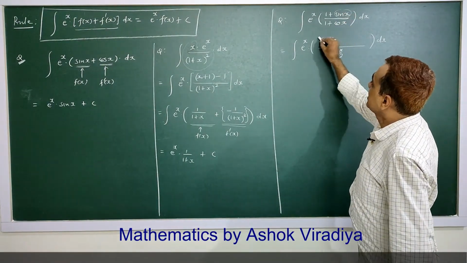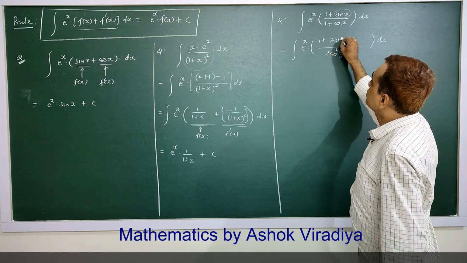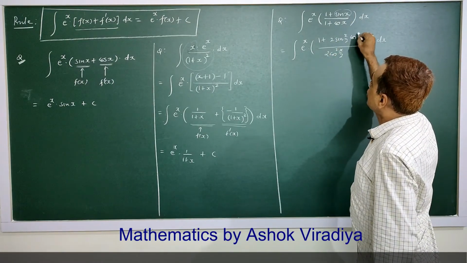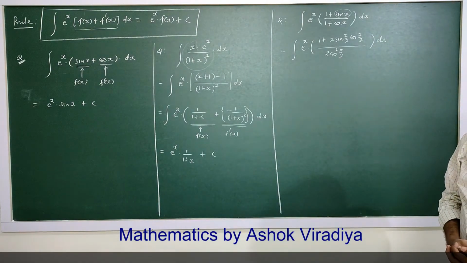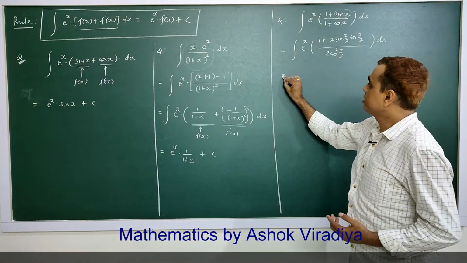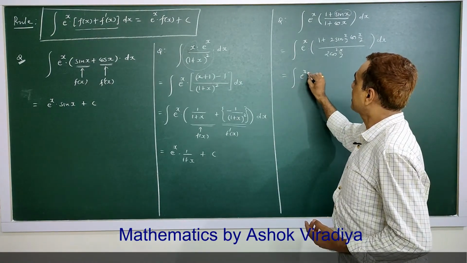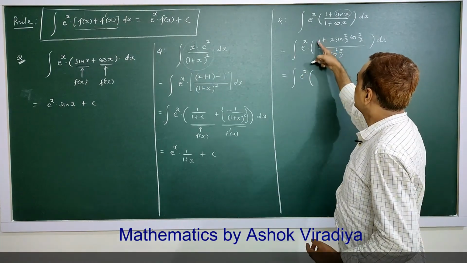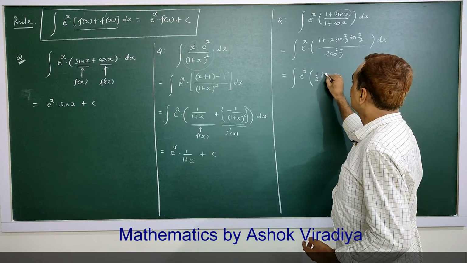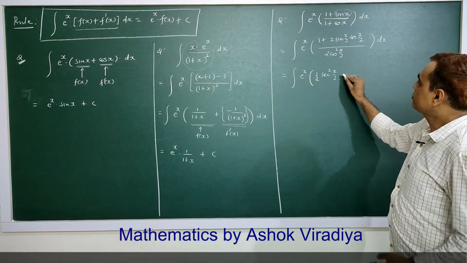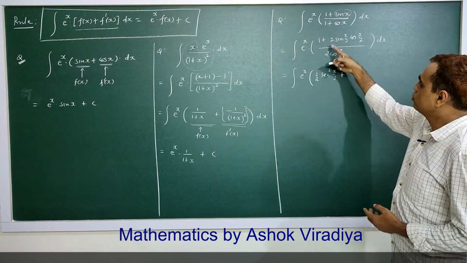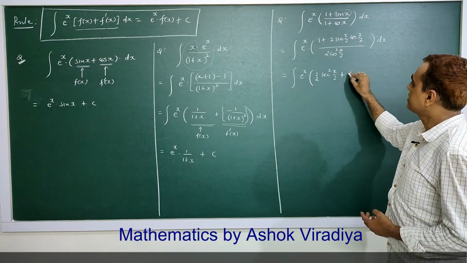This number I express as 2 sin x by 2 cos x by 2. Now dividing individually, e raised to x into this will be 1 by 2 sec square x by 2, and here the 2 is cancelled, cos x by 2 cancelled, tan x by 2.